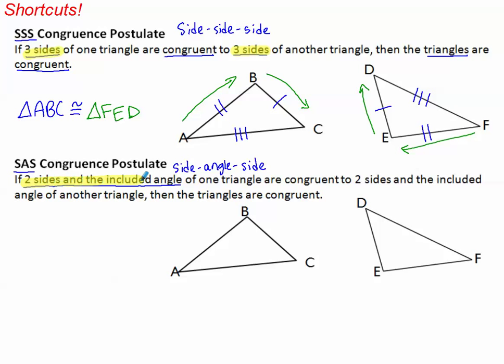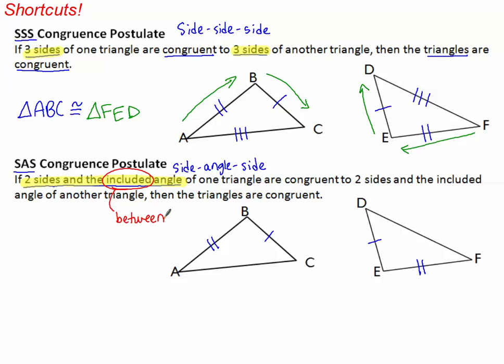Two sides and the included angle. Let's start with just two sides. So I'm going to take the two sides that I first marked here, BC congruent to DE and AB congruent to side EF. The included angle means the angle between.